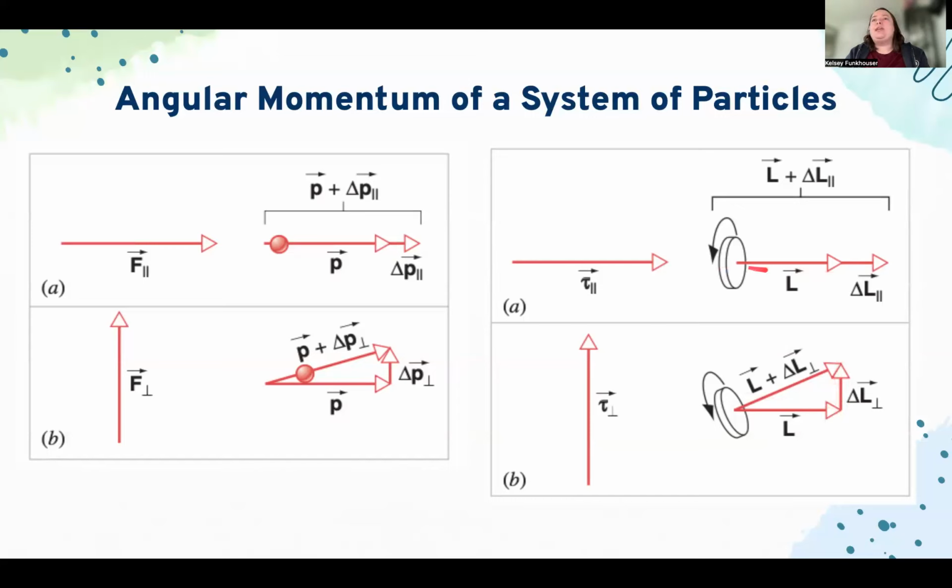So the parallel component, we can just add that change in momentum to it because they're in the same plane, they're parallel. But then for the perpendicular one, we have to do more vector addition, and that just tells us how the angular momentum of the object changes direction, just like how the linear momentum of the object would change direction.